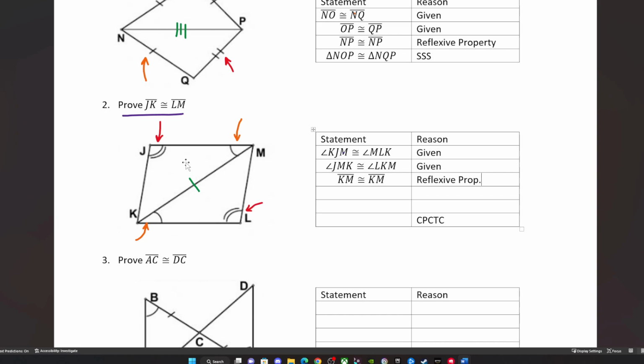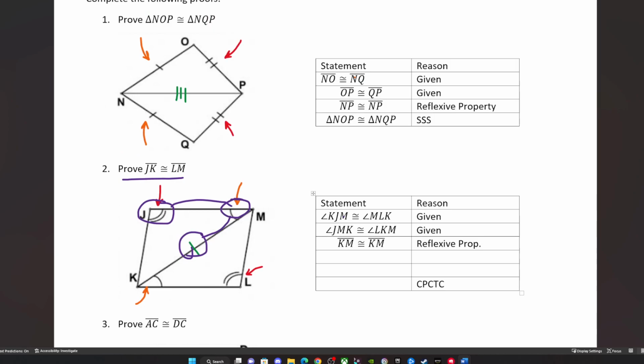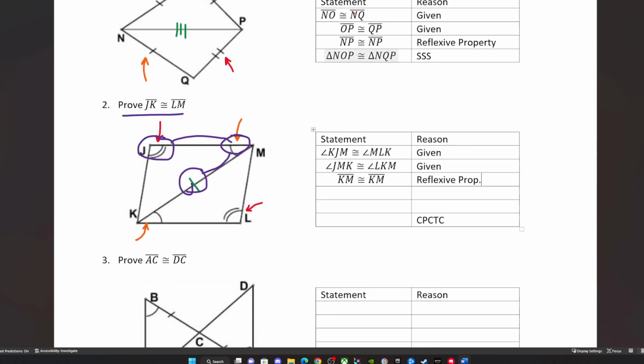All right, so given this, now I can tell that these two triangles are congruent. They're congruent because of the angle-side-angle triangle congruence theorem. So those two triangles are congruent.